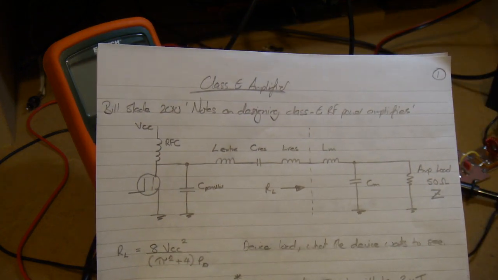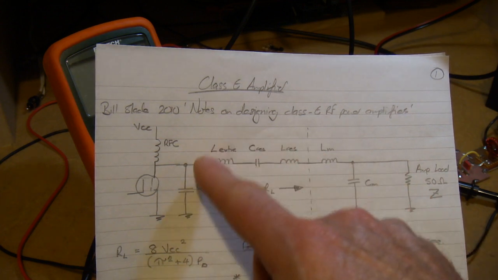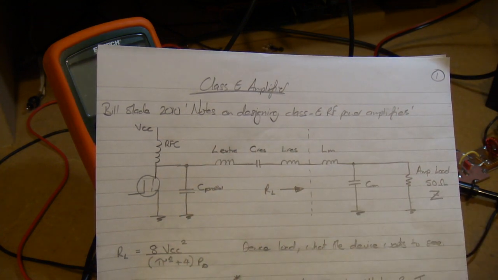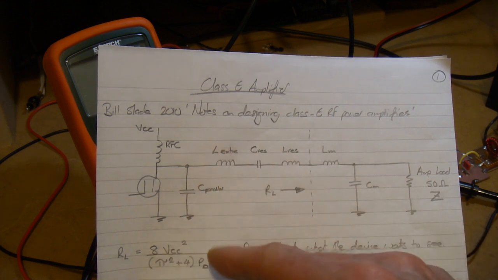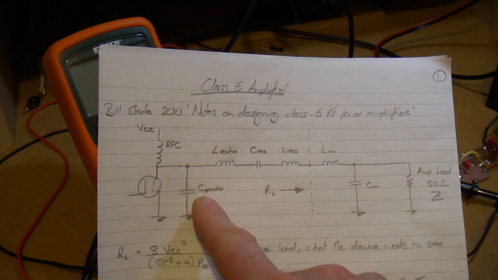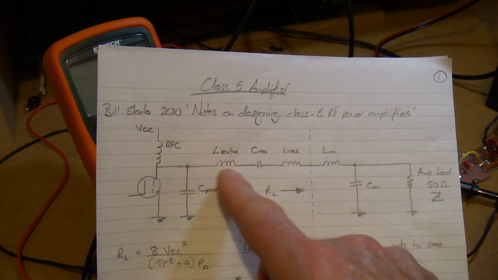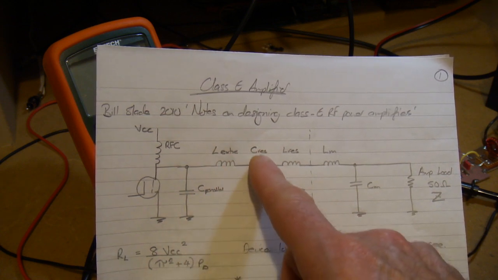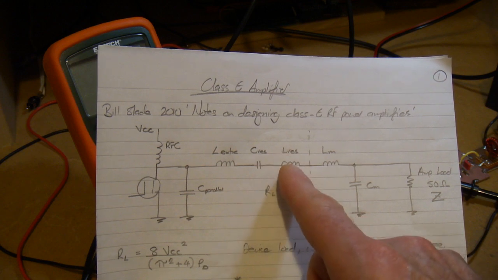I elected to use different names for the various components, and I've just used values which mean something to me, like C parallel. I've called this C extra, so this is the extra inductance, which I'll talk to in a sec. This is capacitor for resonance, L for resonance.